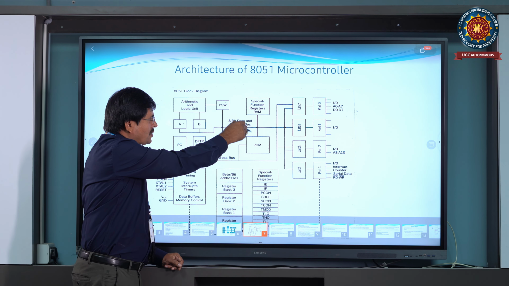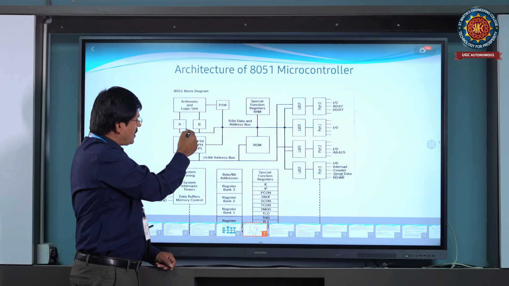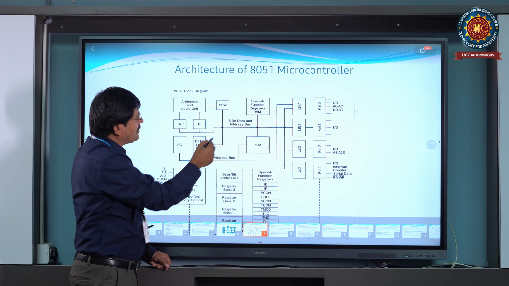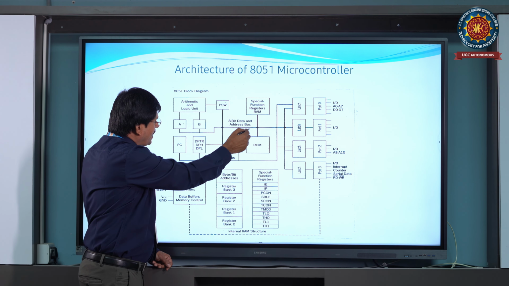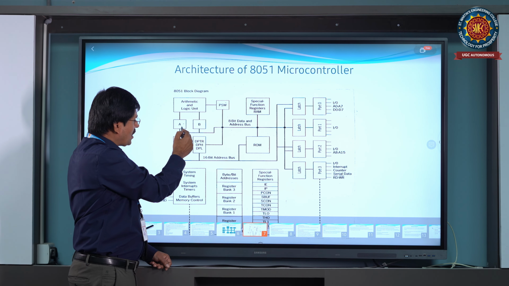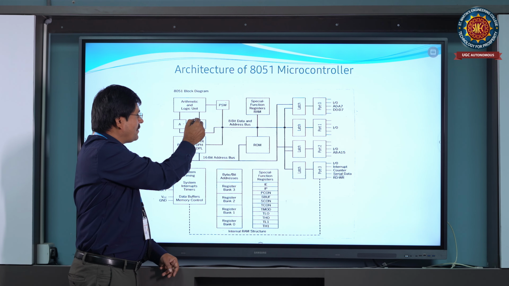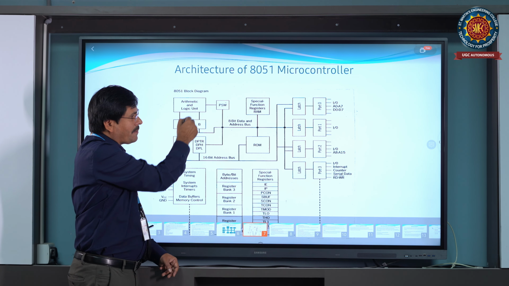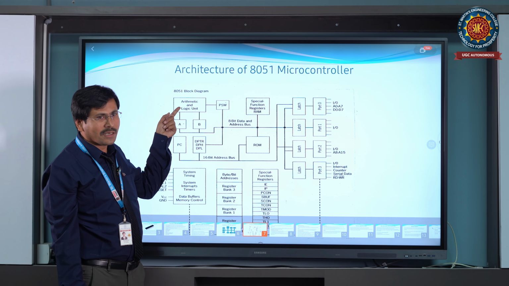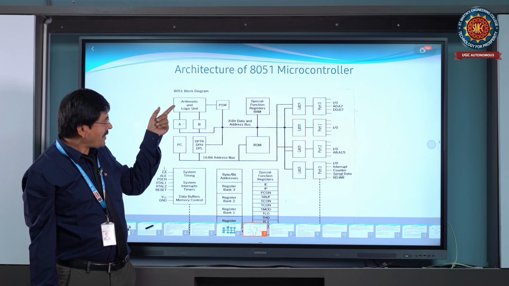The RAM is connected to all the general purpose registers and special function registers. We can also see the accumulator register, B register and PSW register, which are all connected to the ALU. You know that the ALU performs the arithmetic and logical operations of the 8051.